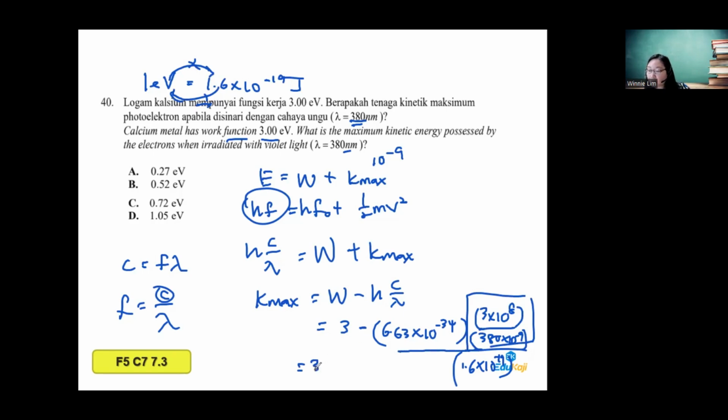Wait, actually the teacher wrote the formula wrongly, sorry. It's supposed to be hc over lambda minus W, minus 3. I did it the other way around. So you press, and you're supposed to get this whole thing as 3.27.